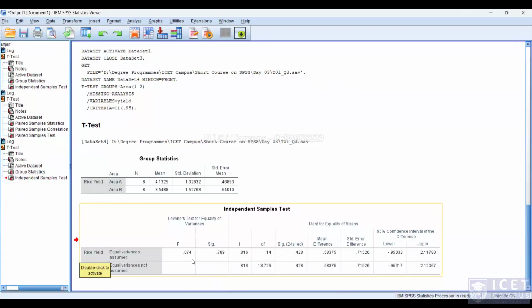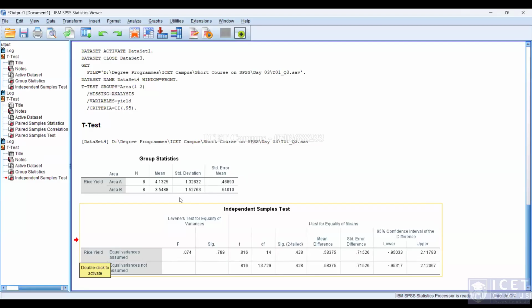So our assumption is okay, because we assumed that there are equal variances. In Levene's test of equality of variances, if the value is greater than 0.05, we can decide that these two groups have equal variances. That is the thing we can take from here.